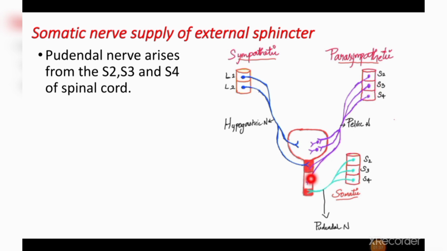That impulse will cause inhibition of the pudendal nerve. Function of the pudendal nerve is constricting the external sphincter, so its inhibition will result in relaxation of the external sphincter, and the relaxation of the external sphincter will result in urination. So this is how urination, that is micturition, is happening.